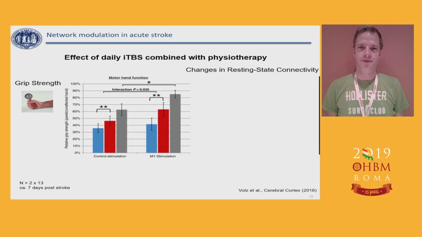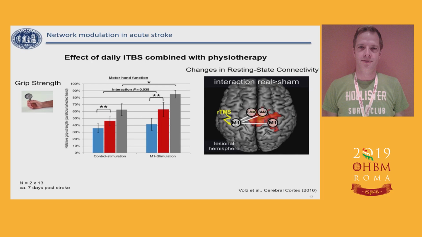And these changes at the behavioral level were also associated with changes in connectivity. Here we see that patients receiving verum stimulation showed significantly higher resting state connectivity with motor cortex areas of the lesion as well as of the contralesional hemisphere.